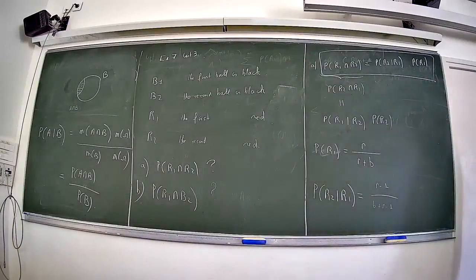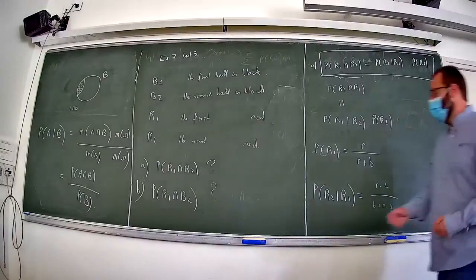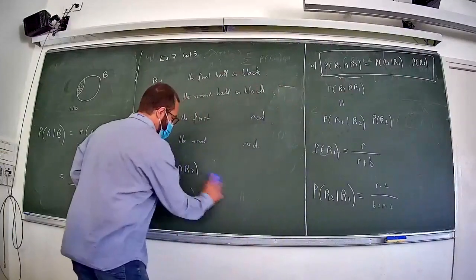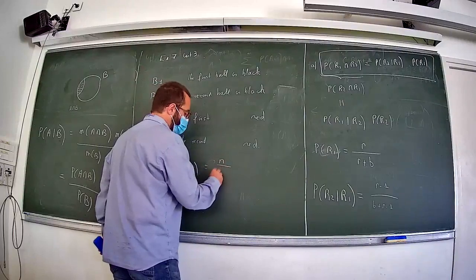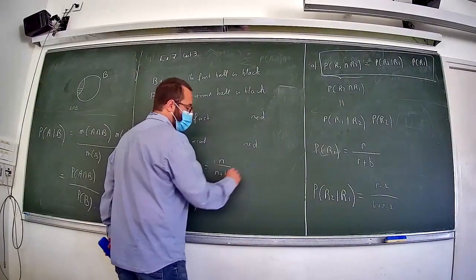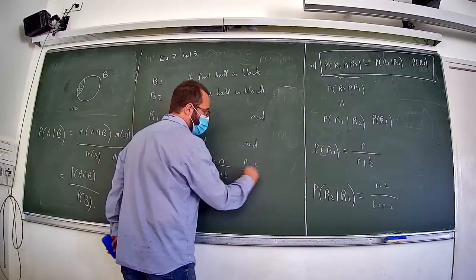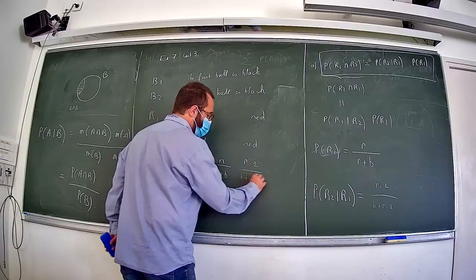So I can write here that I obtain R over R plus B times R minus 1 over B plus R minus 1.